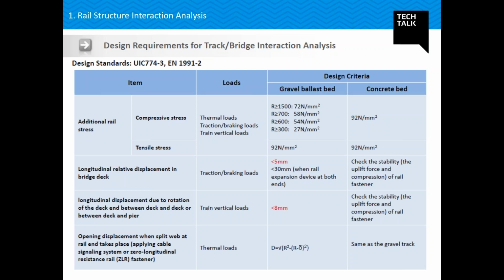Okay, so this was for stresses. Similarly, for longitudinal relative displacement in the bridge deck due to traction and braking load, the maximum displacement allowed is 5 mm, and due to longitudinal displacement, basically the rotation of the deck, the maximum displacement allowed is 8 mm. So what is this 8 mm? Let me show you.